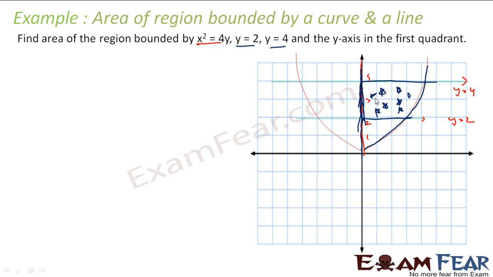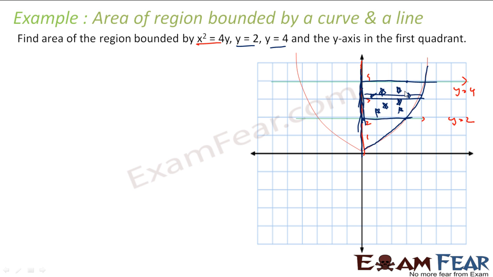Now in this case I'll say y varies. Why y varies? Because if I say x varies, my life is difficult, because if x varies I have to take this area first and this area. If I am varying x, from here to here my equation of curve is different, and from here to here the equation of curve is different.